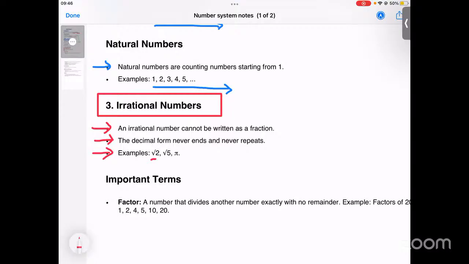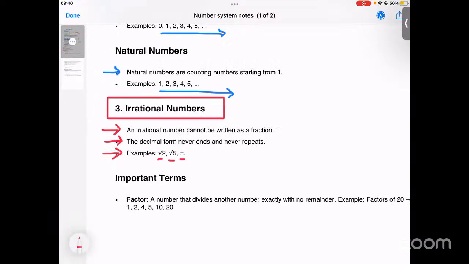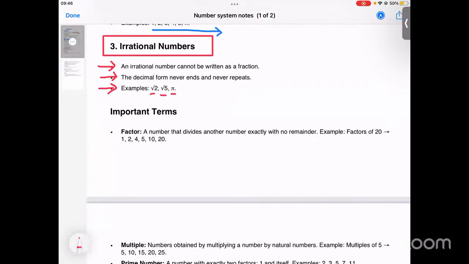It doesn't end and it also doesn't repeat, and you can't have it as a fraction on your calculator. And even if you punch the square root of 5, and also if you punch pi on your calculator, it gives you that infinite number which never repeats. Hope that part makes sense.